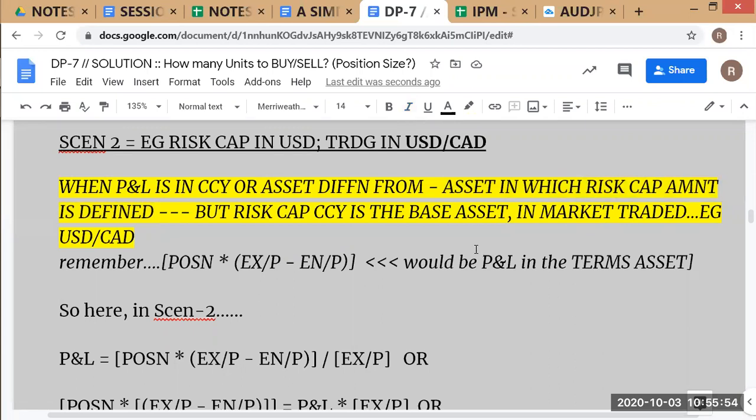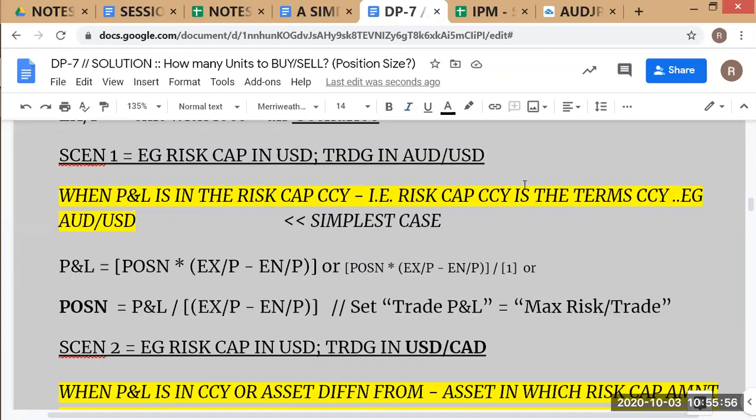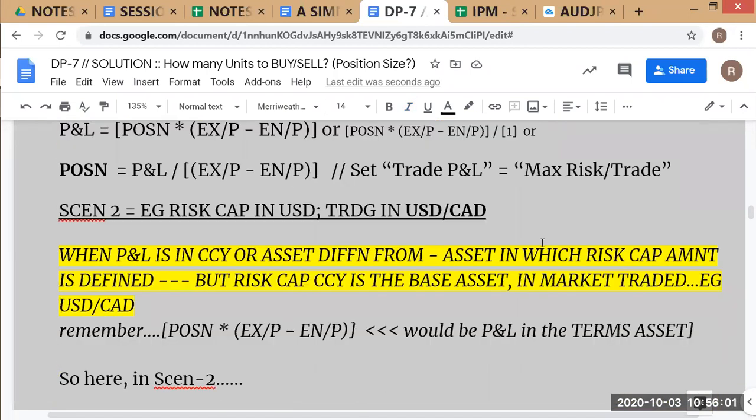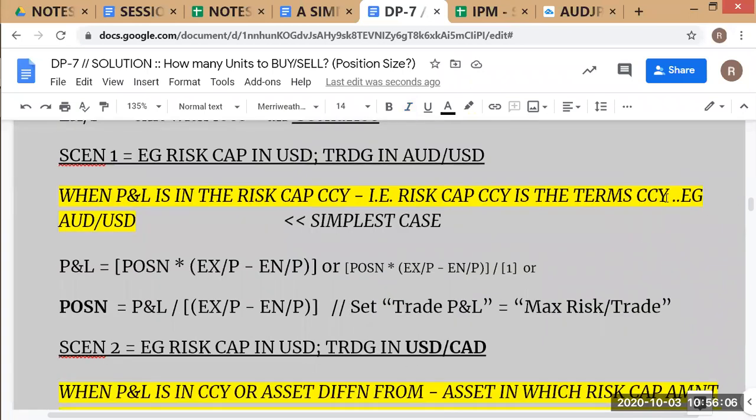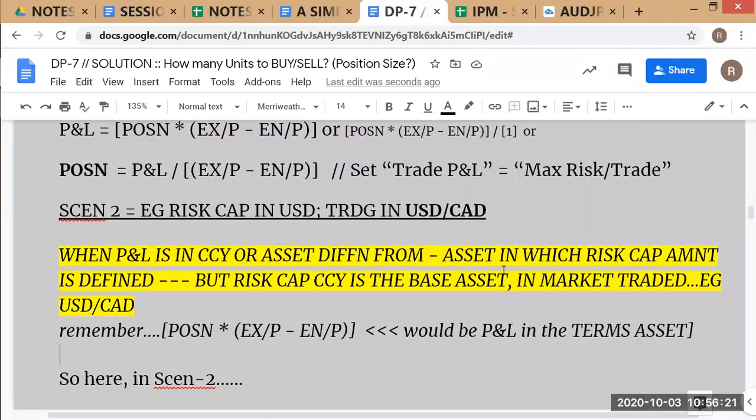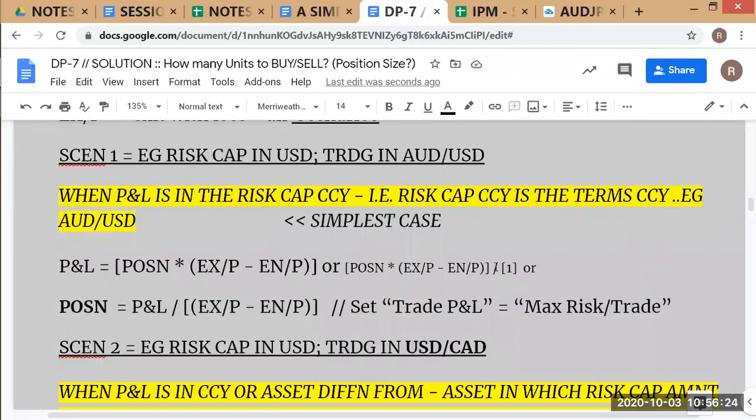You saw scenario 1 where risk capital currency is the terms currency or the terms asset. Currency and asset I'm using interchangeably. Currency is a species of asset, just like contracts are a species of agreement. So all currencies are assets, but all assets are not currencies. Some are commodities, some are debt securities, some are equity securities, some are real estate, etc.